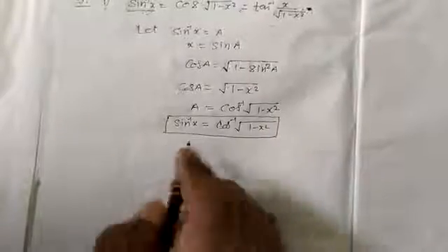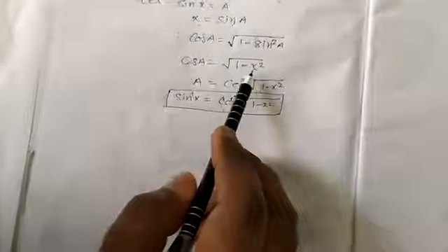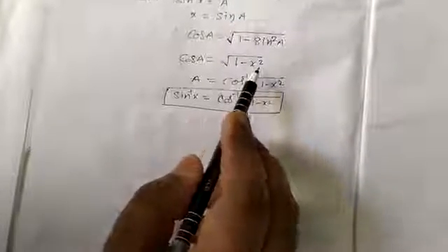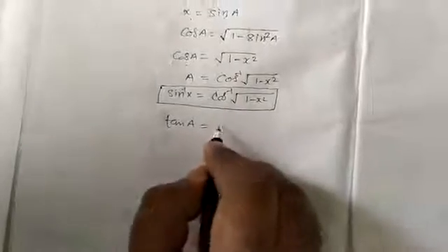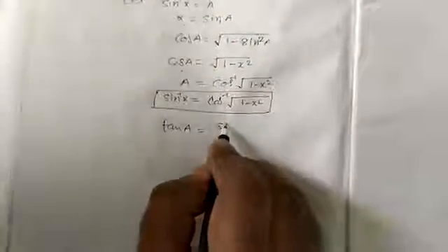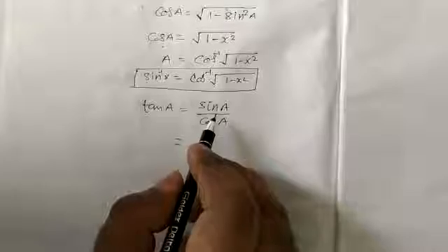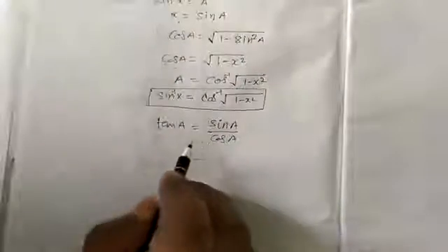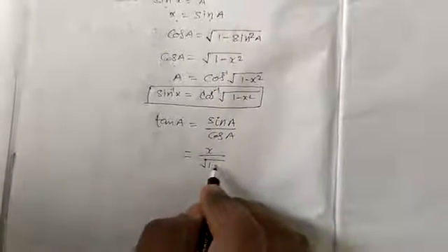If you want to convert it into tan inverse x, now proceed further. We have the value of sin A, this is x, and also we have the value of cos A, this is under root 1 minus x square. From here we can find the value of tan A. We know that tan A is equal to sin A upon cos A. Now substitute both values of sin A and cos A. The value of sin A is here x, and the value of cos A is here under root 1 minus x square.